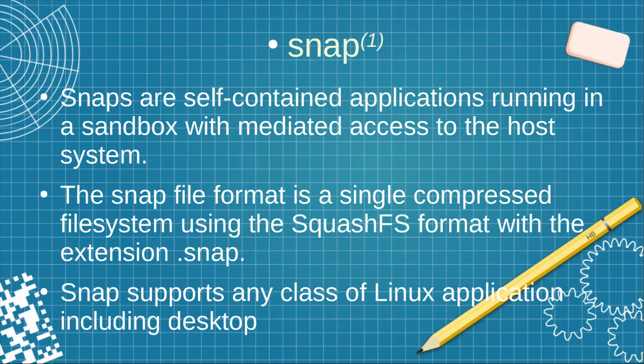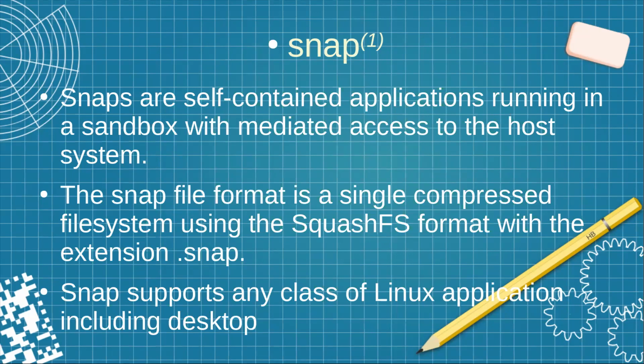I think Stan had some of the Wikipedia notes on the email he sent out today. It's a self-contained application running in a sandbox with mediated access to the host system. The app plus all its dependencies are in a single file using squashfs, has the extension .snap, and that's all you need.